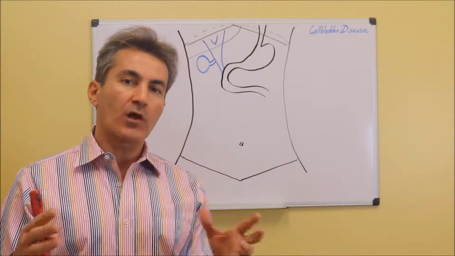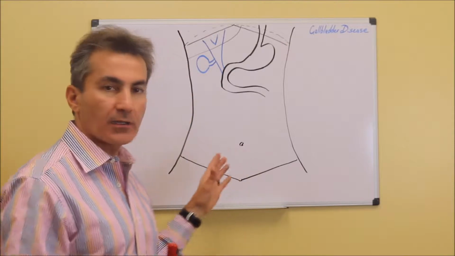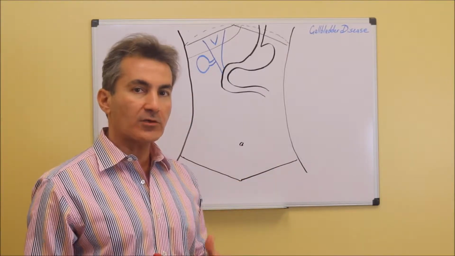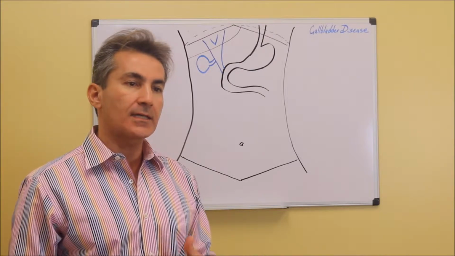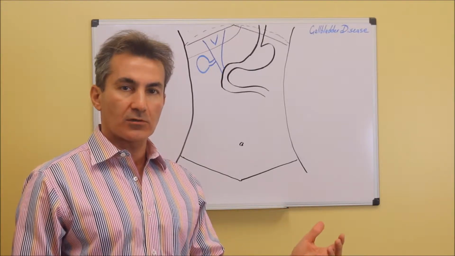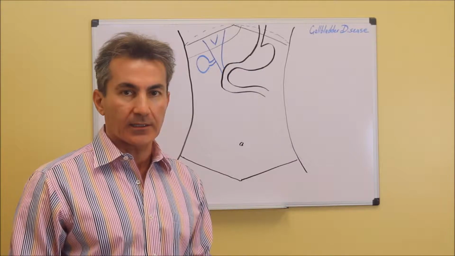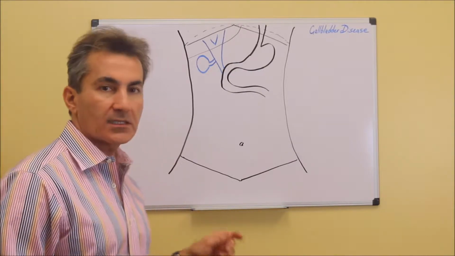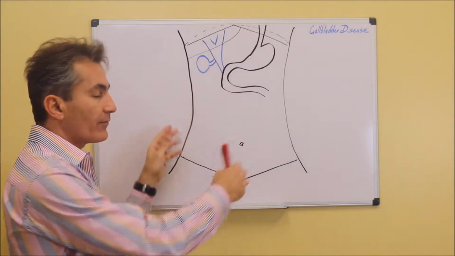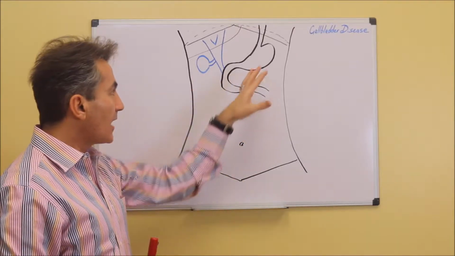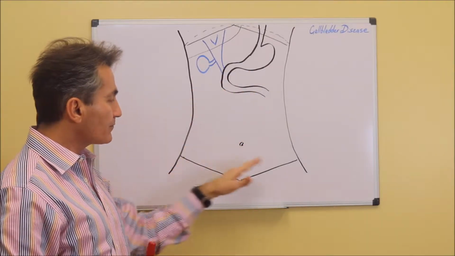But let's talk about what the gallbladder is, and I drew a little picture for you to understand the anatomy of the gallbladder. Then we're going to talk about the function of the gallbladder, how we develop gallstones, and what the diseases of the gallbladder are. So the gallbladder is a tiny little structure located in the upper abdomen. In this picture, you can see the abdominal wall.